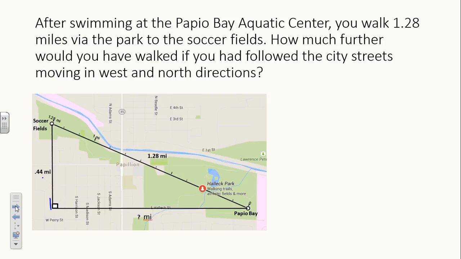How could we find this other distance, this east-west distance between this corner and Papio Bay? Remember from last year. What kind of triangle is that? Right angle, right triangle, right?